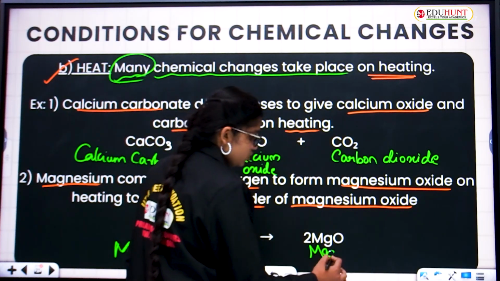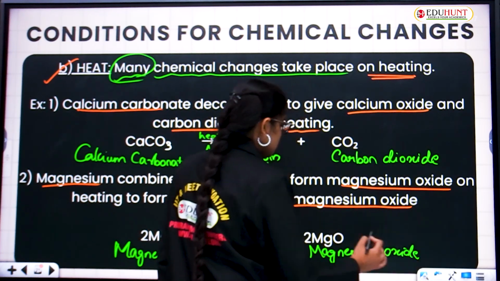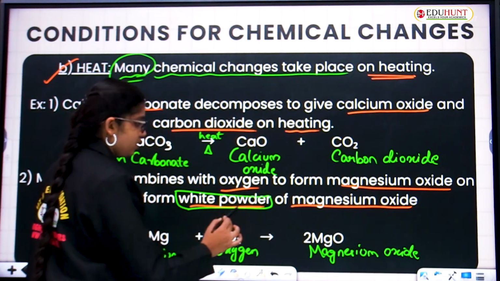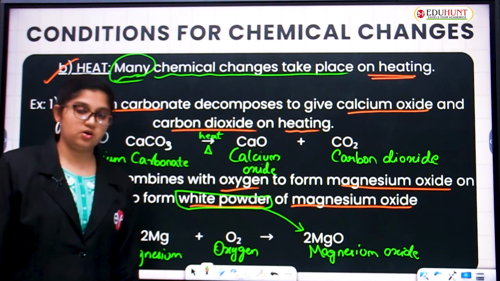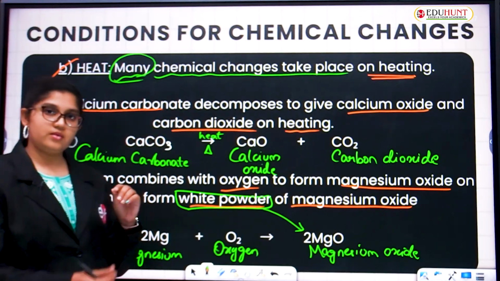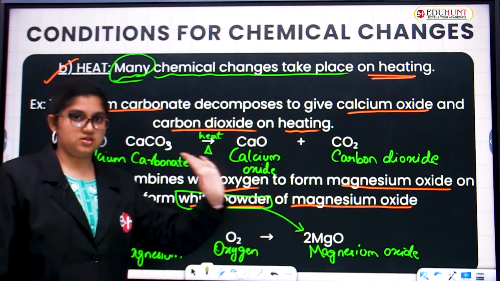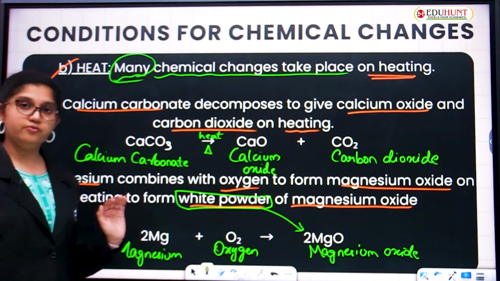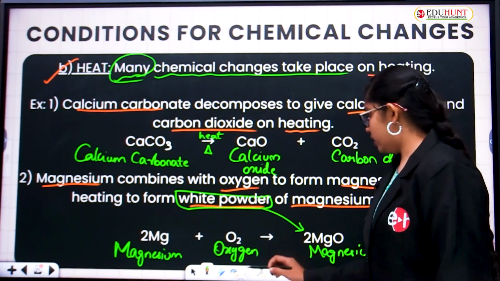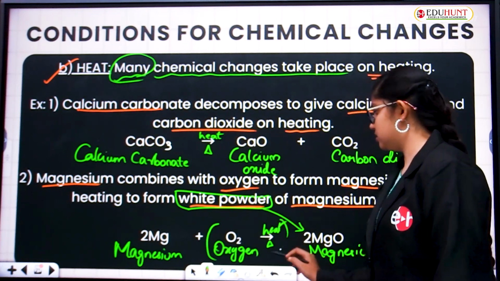This magnesium oxide is a white powdered substance. When the magnesium ribbon burns, it leaves an ash-type residue below. That is nothing but a white colored powder of magnesium oxide. These are the two examples of heat, by the presence of heat. Here also we can apply heat, as burning is a heat process.